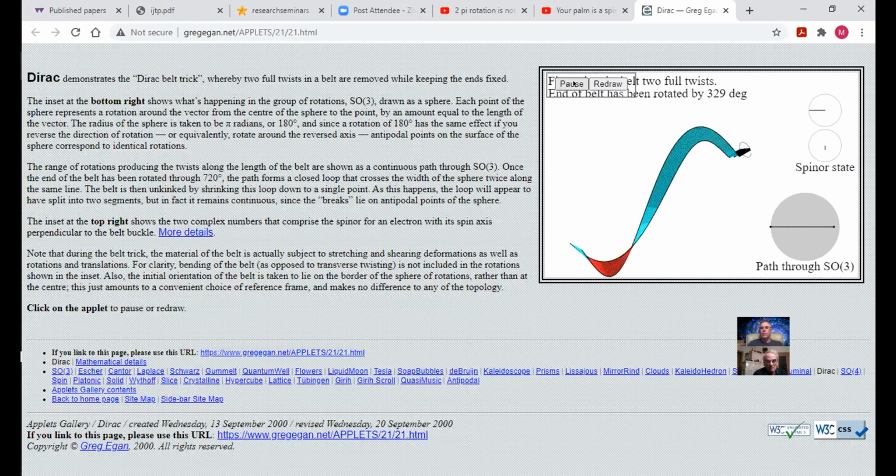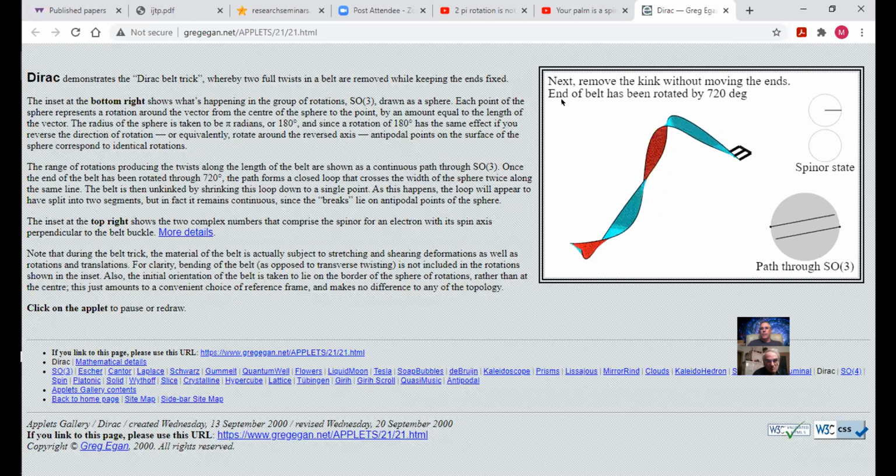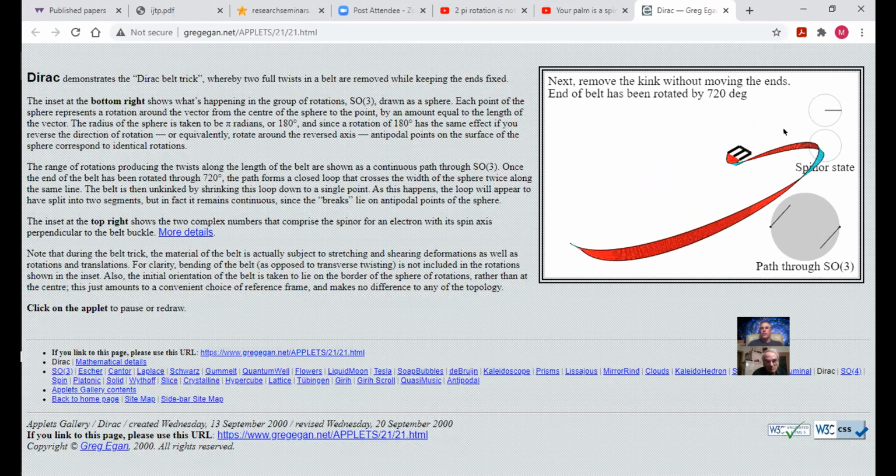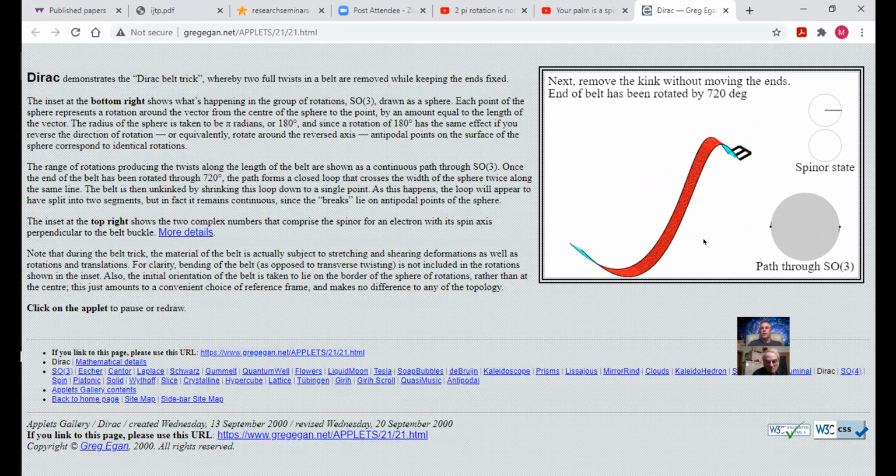I think my chance of pausing it at just the right time is a bit slim. Anyway, I'll let it just play itself out. So this end is staying fixed, this end is staying fixed, and after 720 degrees, you can effectively untangle it.